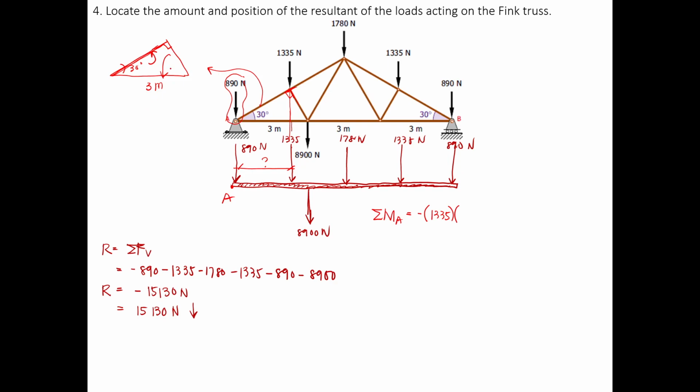So cosine 30 degrees is equal to the unknown distance, let's say x, all over 3. So that will be 3 cosine 30. Then the answer is 2.6 meters. So this distance here is 2.6 meters.